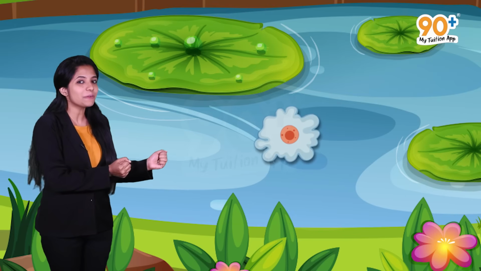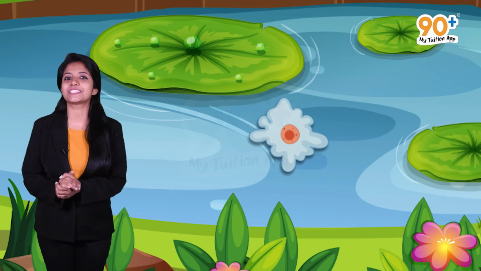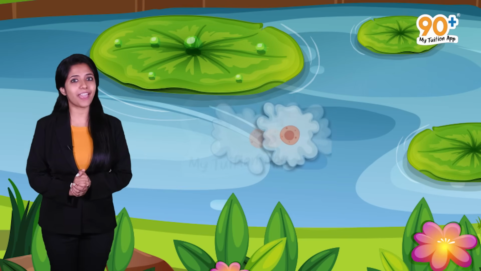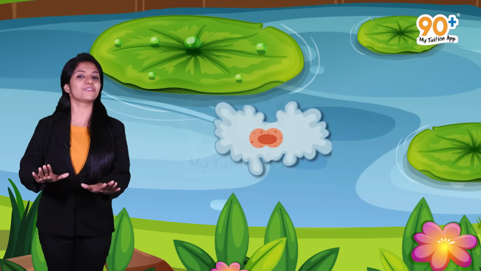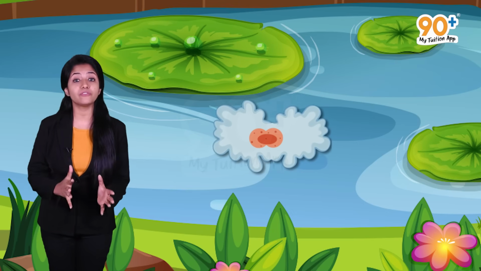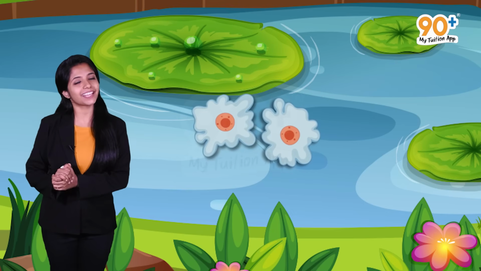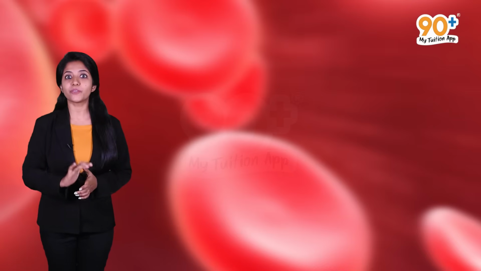Well, do you know that this amoeba has no particular shape? Yes, it's an irregularly shaped organism. Imagine if we were like that. We could literally seep into a room. But no, most of the cells of our body have a fixed shape, like that of this neuron. Hey, wait!